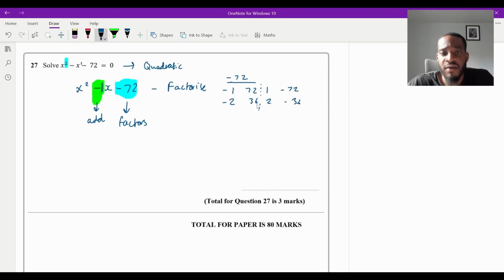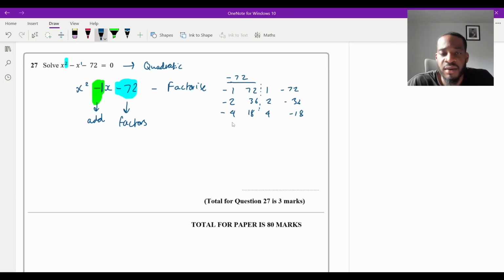Any others? We could also do 4 as well, because that would just be minus 4 and 18, and that would be a positive 4 and a minus 18 as well. And obviously, 3 goes into it as well, doesn't it?